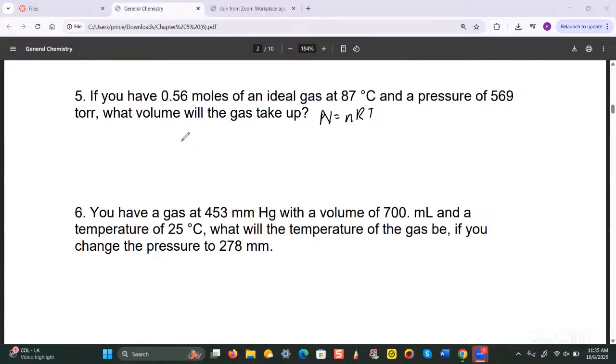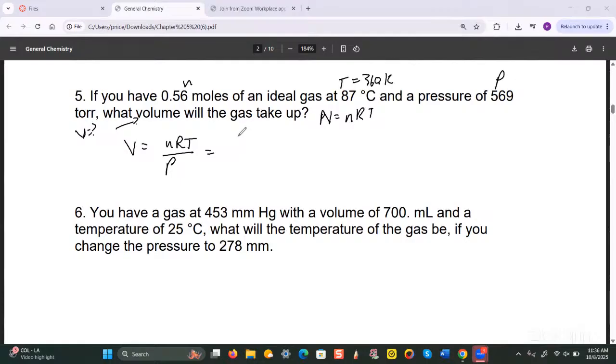Okay, so we have to rearrange this to get V is equal to nRT over P. So this is n, this is T, which we have to convert to Kelvin, 87 plus 273. So this works out to be equal to 360 Kelvin. And this is the pressure. And the question is asking for the volume. All right.